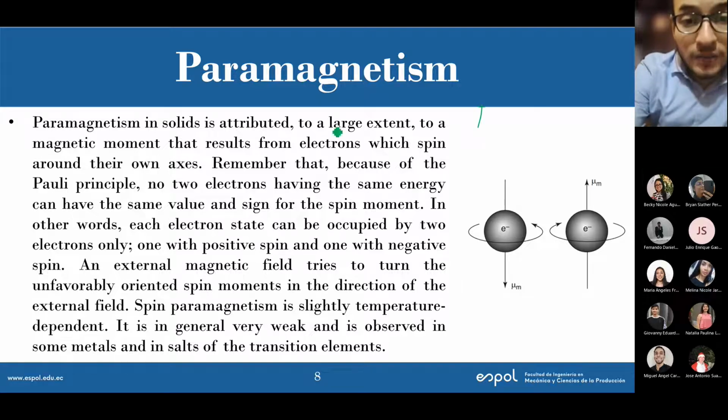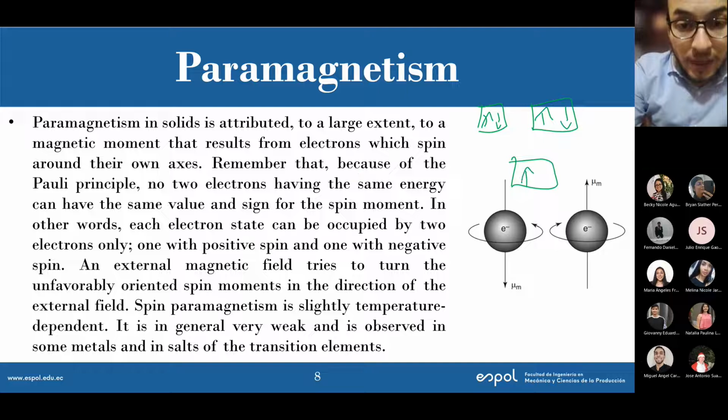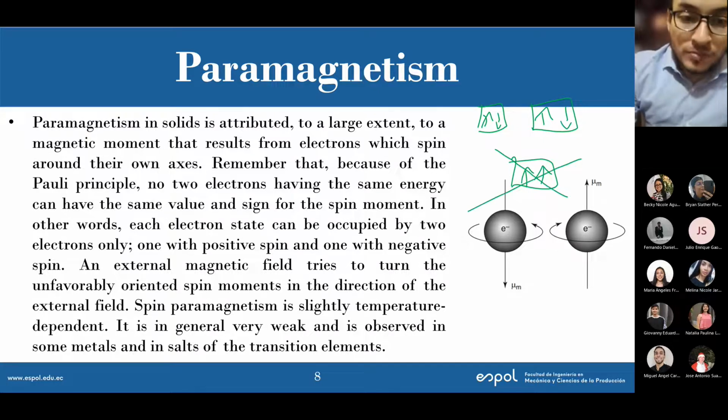That's why, if you have an electron level, you'll have one electron going up and one going down. The spins are opposite. You cannot have this, that is prohibited because of the Pauli principle. Now, that's at the beginning, right? So basically, electrons spinning around their own axis generate a magnetic moment.